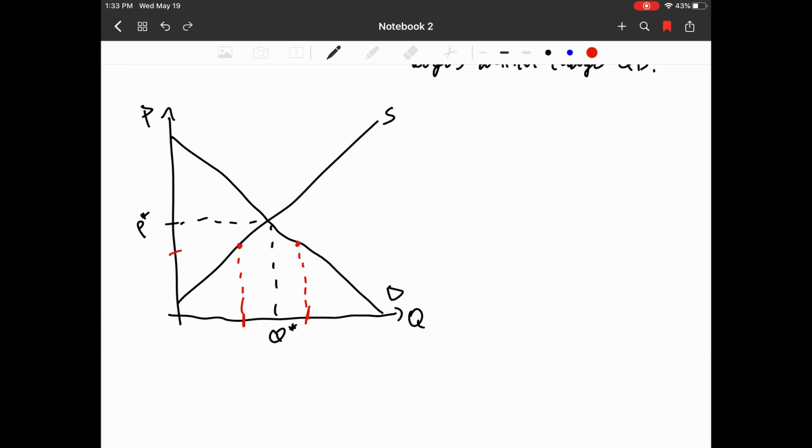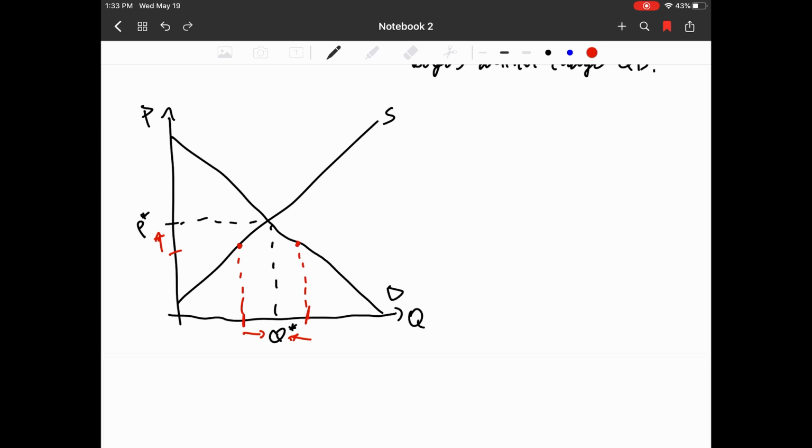So buyers will start to offer to buy for higher prices, and sellers, of course, will not say no. So the price is going to go up. When price goes up, quantity supplied also goes up, and we get this movement back towards Q star. And this happens until we reach equilibrium.